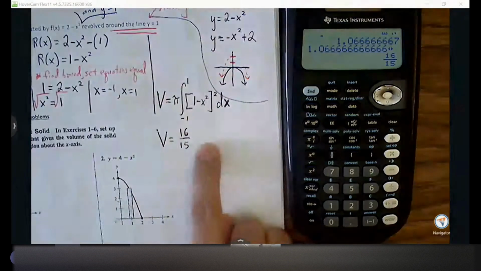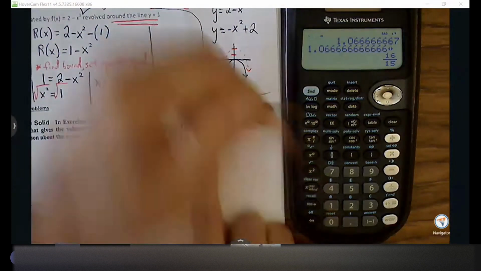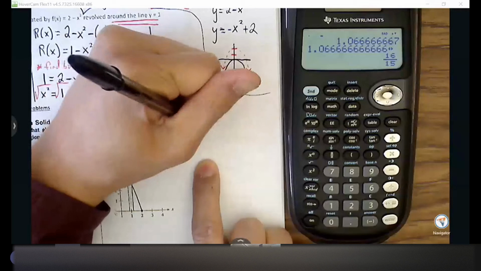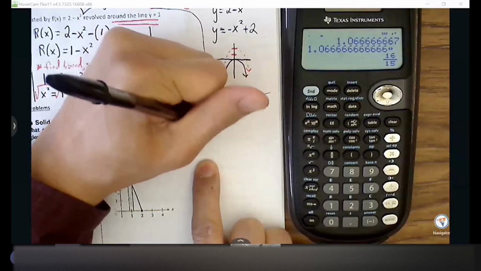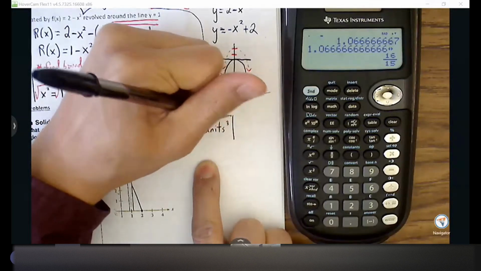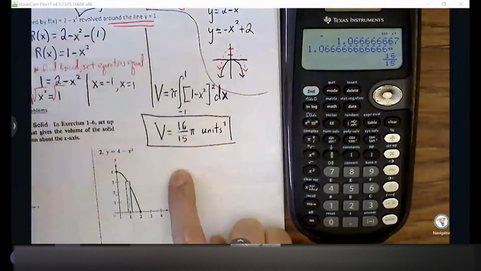Okay, and what do we need to include as part of our volume? Pi. It's a 3-dimensional calculation, so units cubed.